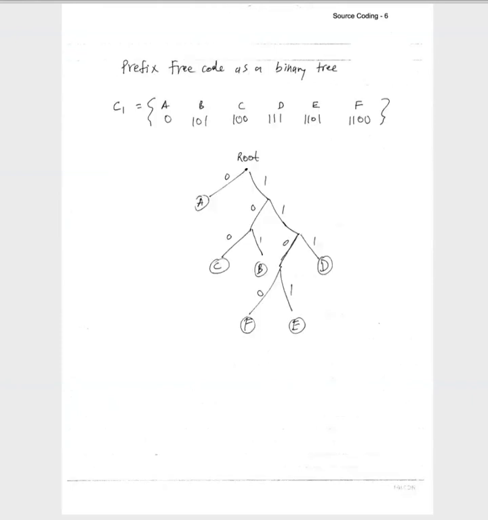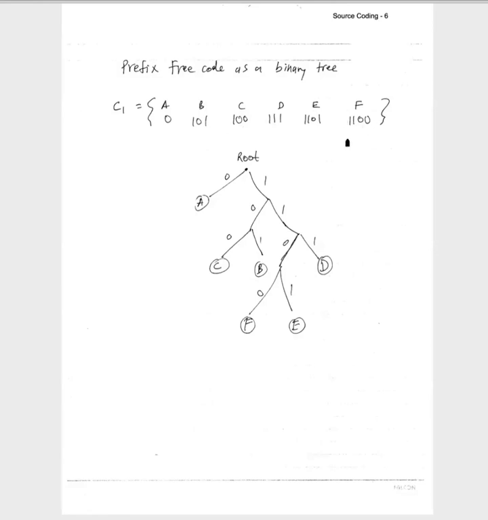A prefix-free code, if you think about it deeply, can be represented as a tree, okay? And in fact, if it's a binary code, it's a binary tree. So for example, here's code C1, and here is its representation as a binary tree. So we see that A is 0, but all these other code words start with 1.